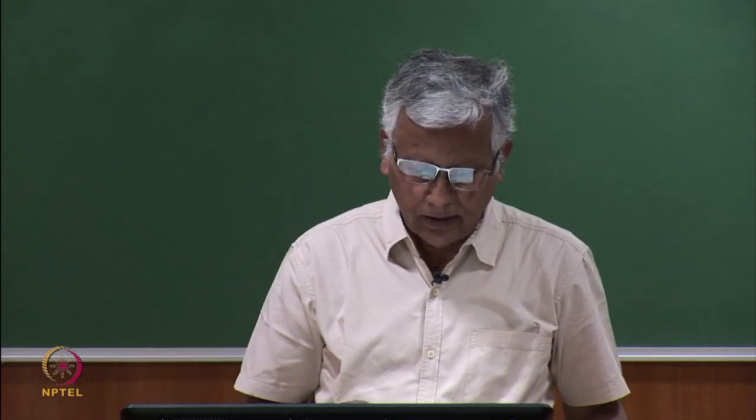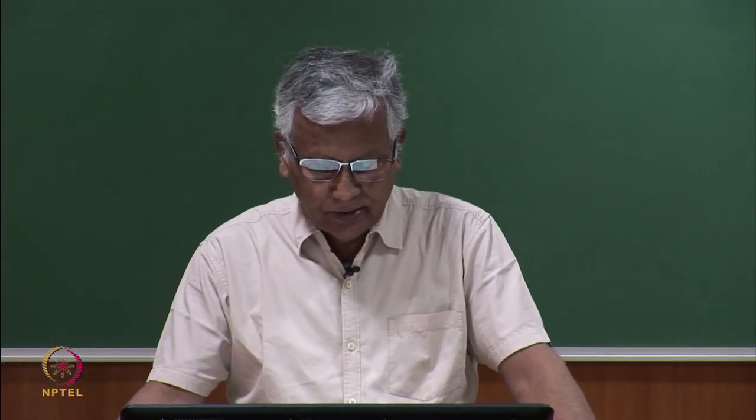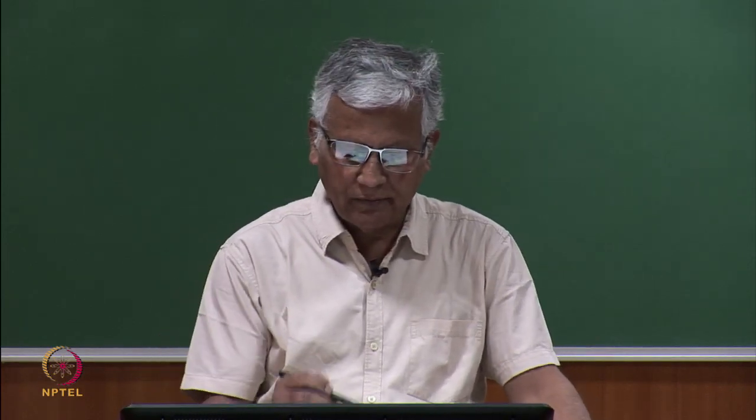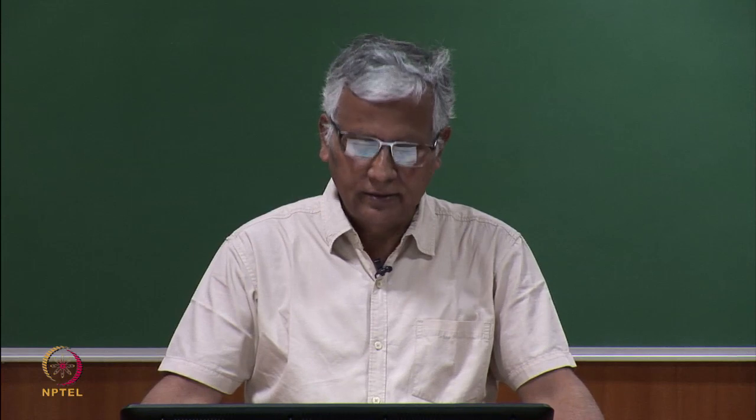The other type is what? Metal fragments, cloth fragments, packing material like jute, polypropylene. These materials are used to pack the bale. There could be metal fragments like nails, there could be cloth fragments, because the packing material can generate some cloth, and sometimes a piece of leather.